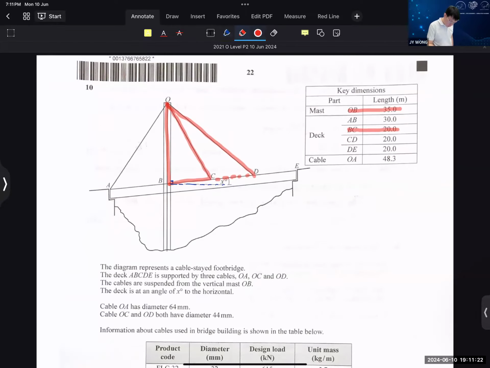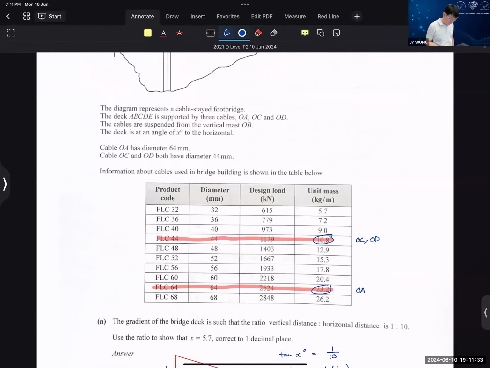No, we do have the length of OA. OA is given as 48.3 meters, so you don't need to find OA.